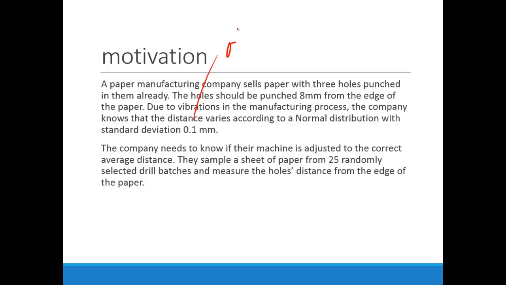Okay, so you can imagine that you work for this company and they want to know if their machine is adjusted to the correct distance. So what we do is take a sample. We sample 25 sheets of paper from this process and measure the distance from the edge of the paper to the hole.